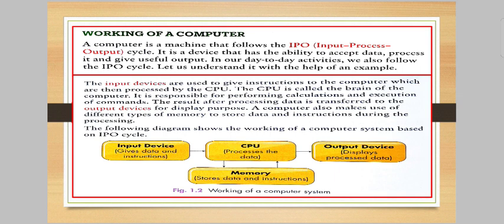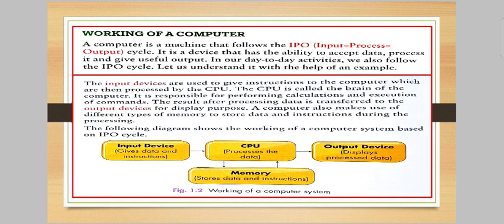All the processing is done by the CPU. CPU means central processing unit. Next, output device. After processing the computer will generate a desired result, which is called the output, and examples of output devices are monitor and speaker.